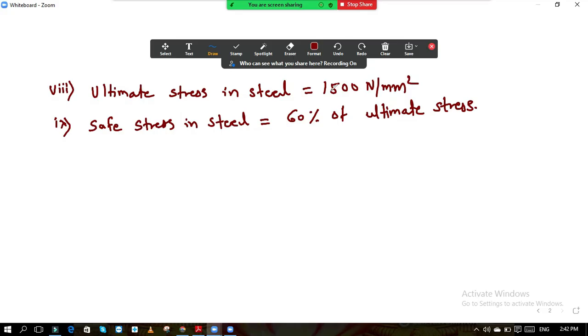Next is the ultimate stress in steel 1500 and safe stress in steel 60% of this 1500. So this is the given data. Now we will solve the problem.